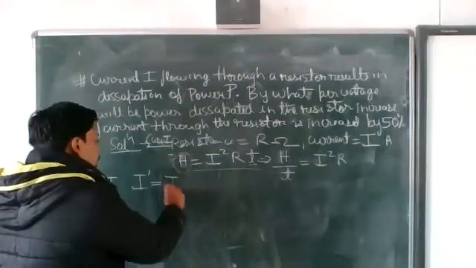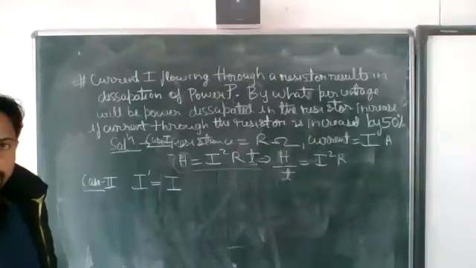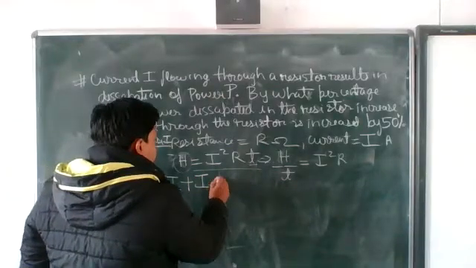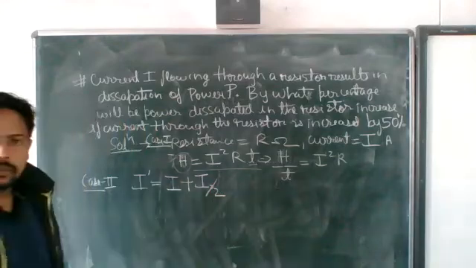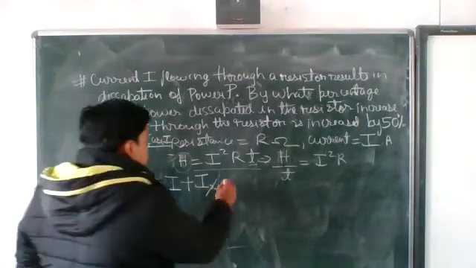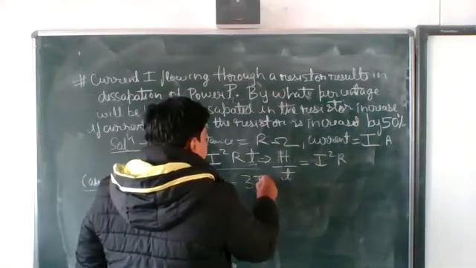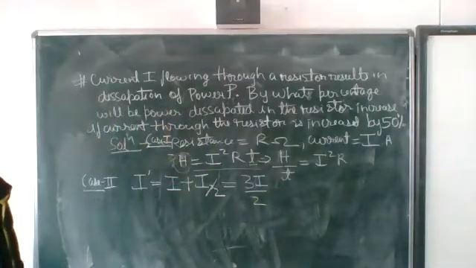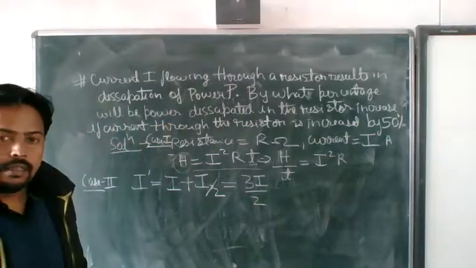That means initially the current was I, and now it has increased by I by 2. So we are getting 3I by 2 amount of current flowing in the second case.